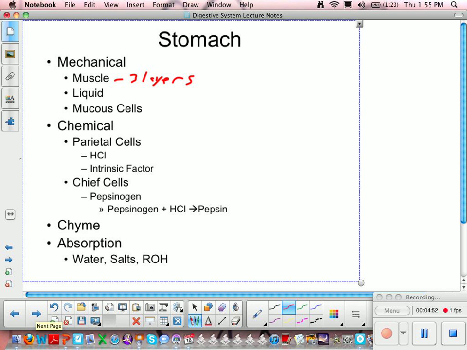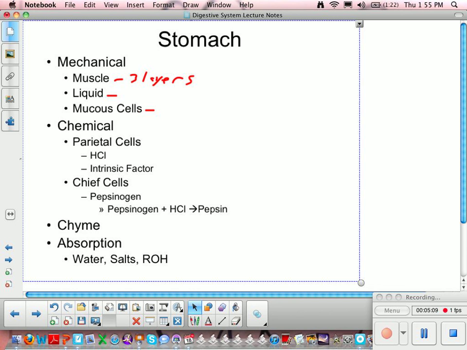There's the liquid in the stomach, and that liquid helps the food to separate. And then the mucus cells do the same thing. So we have mucus cells in there that help us separate those food particles.